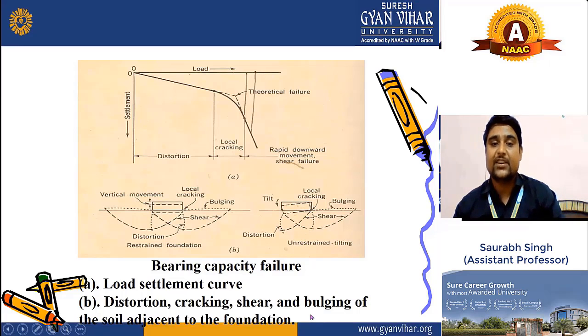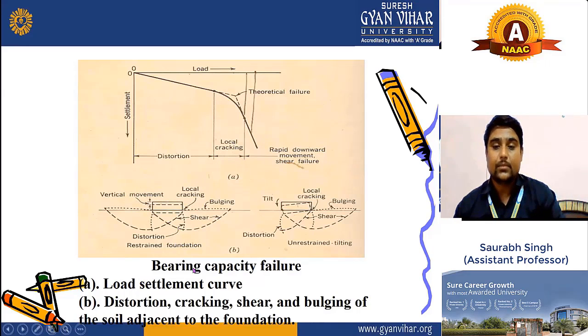And this is your graph of load and settlement. As you can see here, this is your deterioration, and this is your local cracking, and this is your theoretical failure. And what will happen when theoretical failure happens? Rapid downward movement, shear failure.